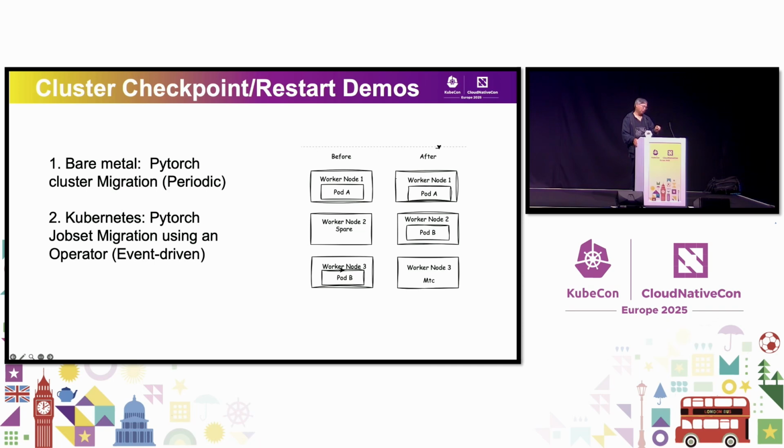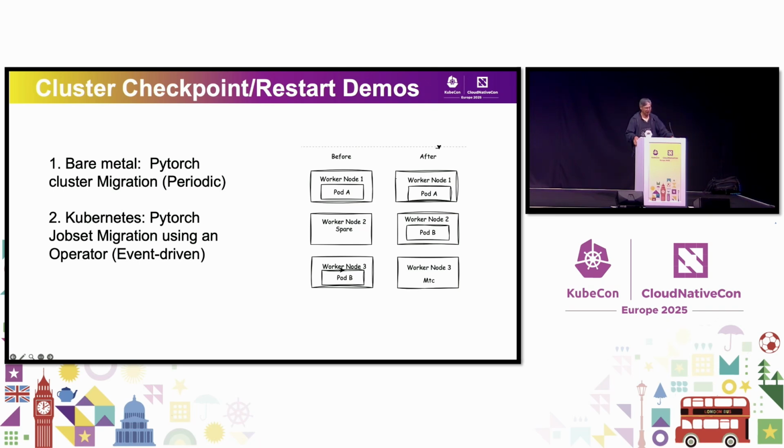Then we'll fail over to a spare node, and you'll be able to see it resume operation. Because it's periodic, you'll see it roll back to the epoch where it was checkpointed. So when we do the checkpoint, it continues running, but when we do the restoration, it will roll back to the last checkpoint.